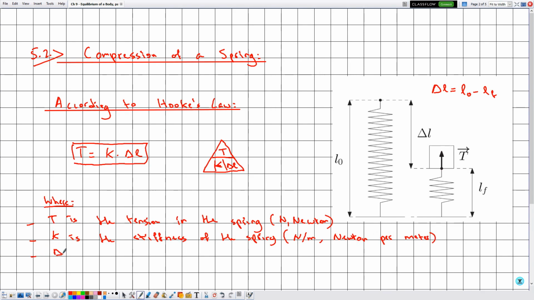And previously delta L was said to be the elongation. In this case, delta L is the compression of the spring.